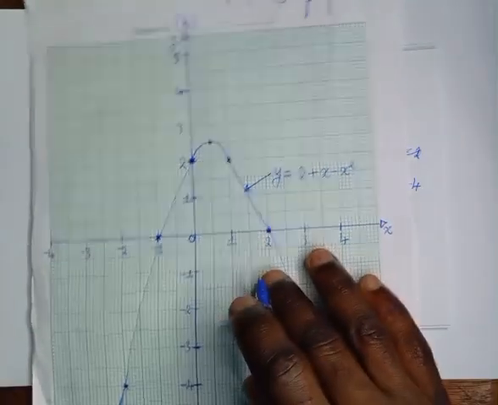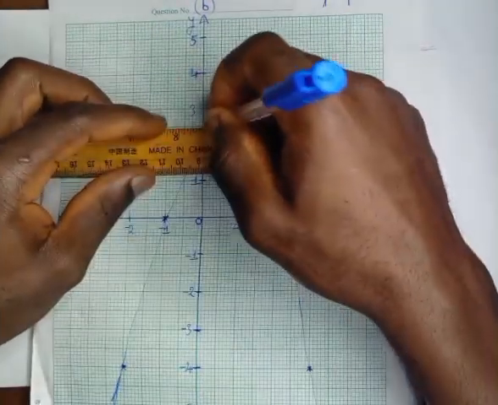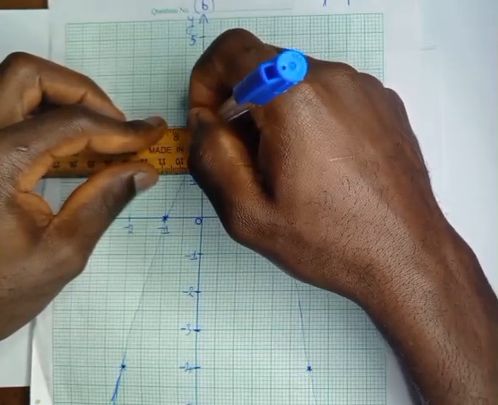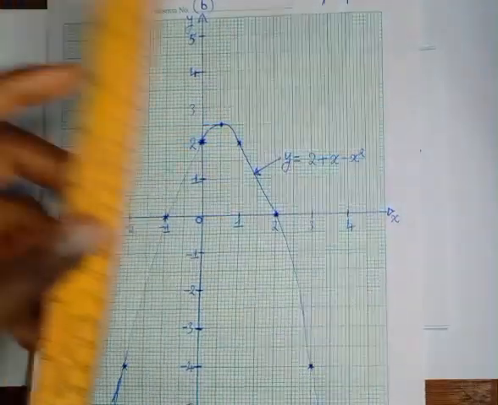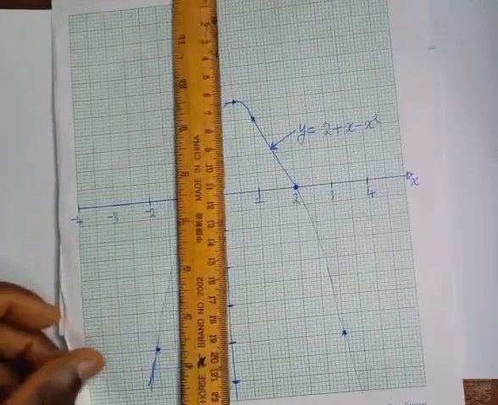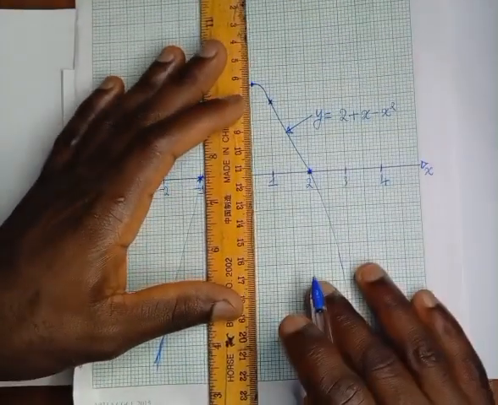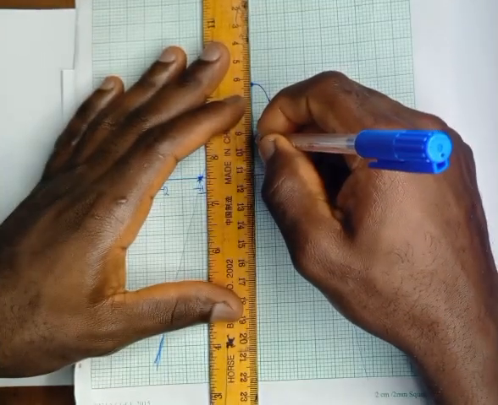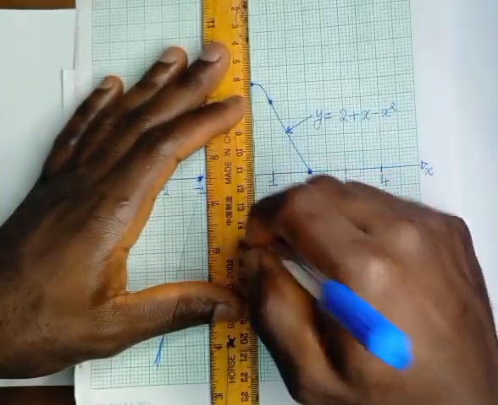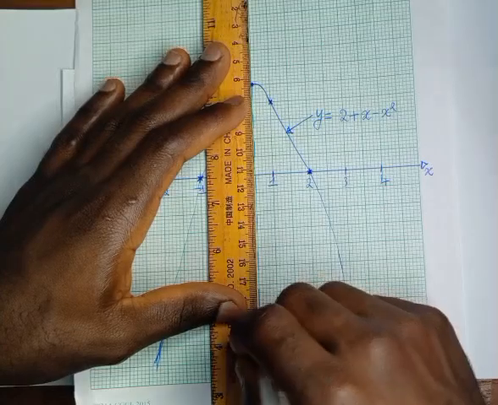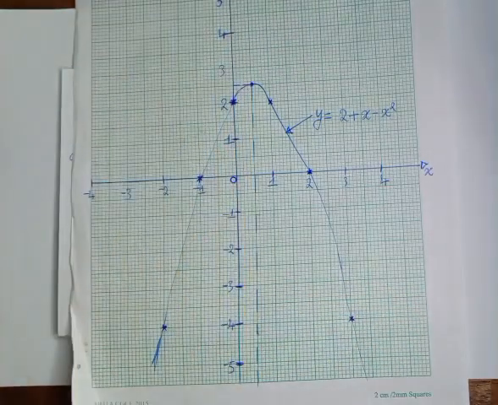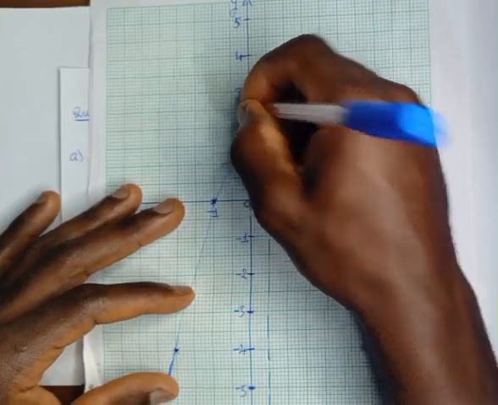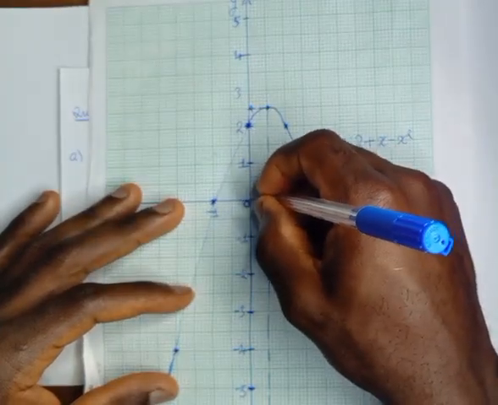We can extract the values, but in this case, we are going to obtain an estimated value, not the exact value, by making use of our graph. This is for the x value, the x coordinate at that point. So this is for the y coordinate. We put an arrow here. This is for the x coordinate.